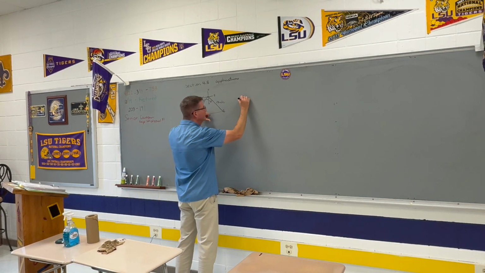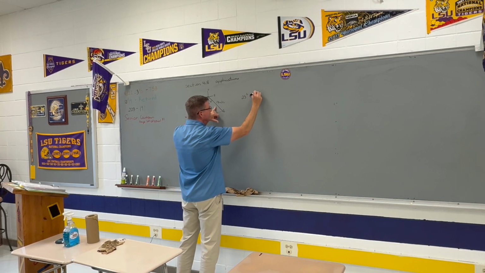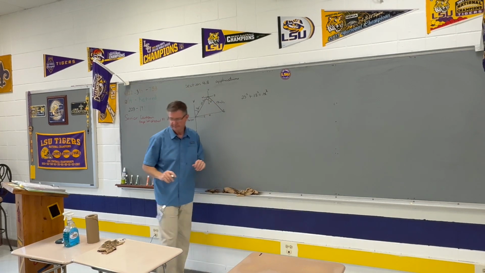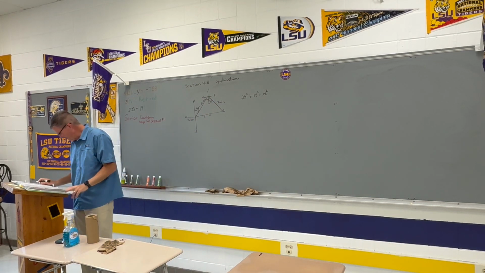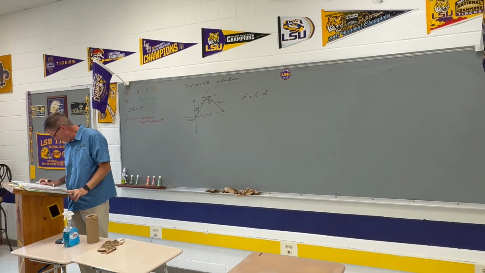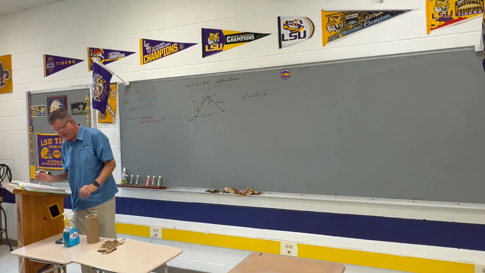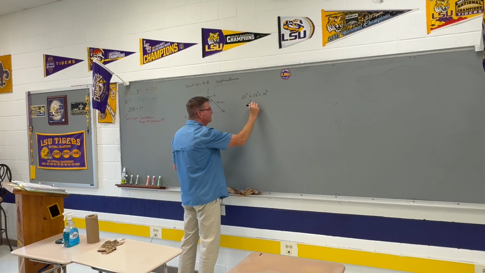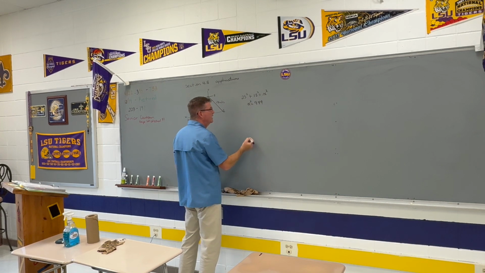So it's going to be 25 miles squared plus 18 miles squared equals x squared. And 25 squared plus 18 squared is going to be 949. So x squared is 949.